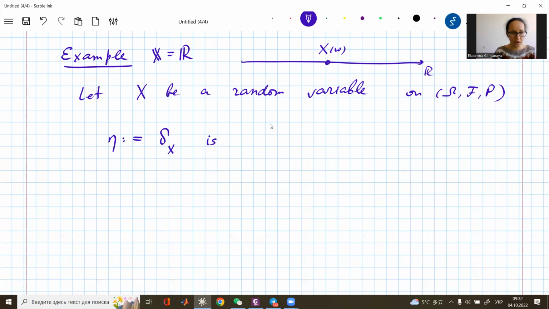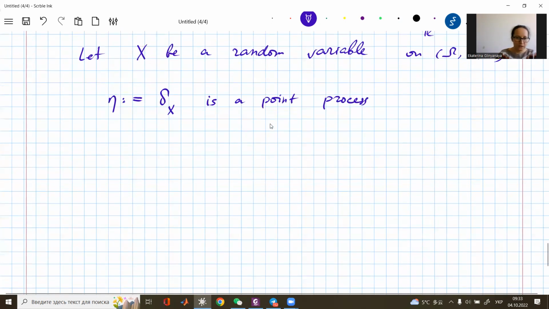So I write: this eta is a point process. Let us first just check it rigorously.